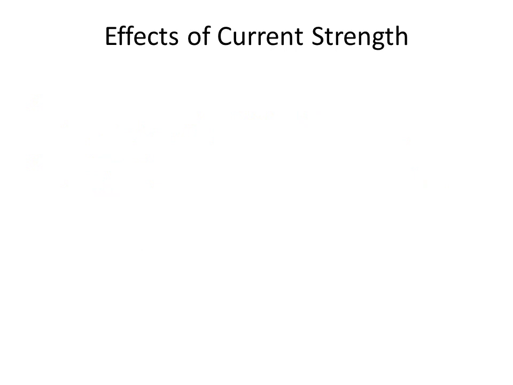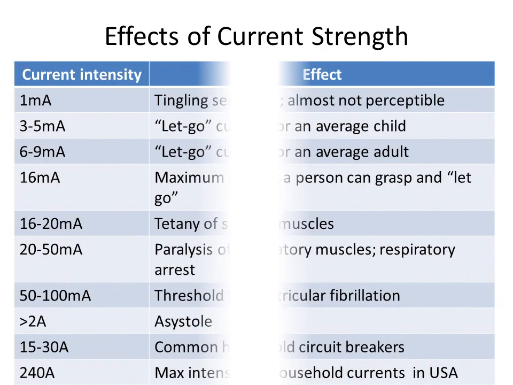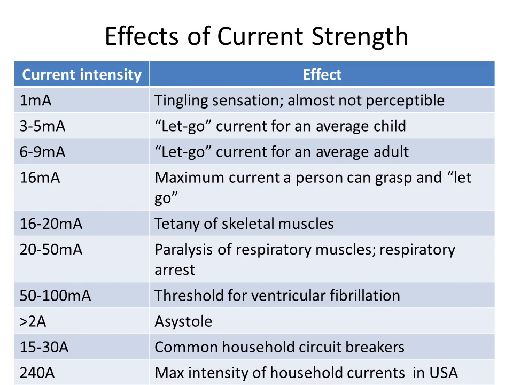Now we come to another section to see what are the effects of current strength. This is very clearly shown in this picture or slide. I would ask you to remember this slide for your MCQs, because I have seen a number of times there are several MCQs that are coming from this specific chart.